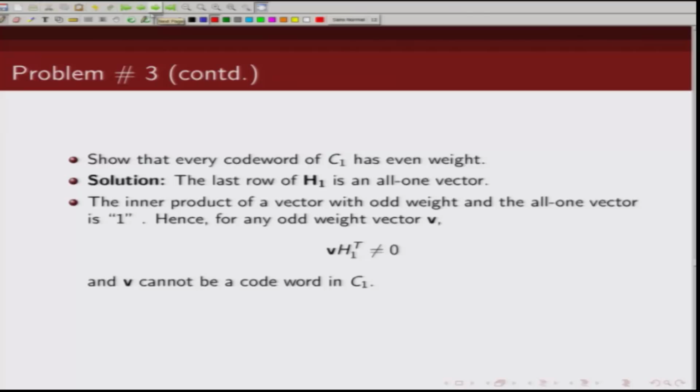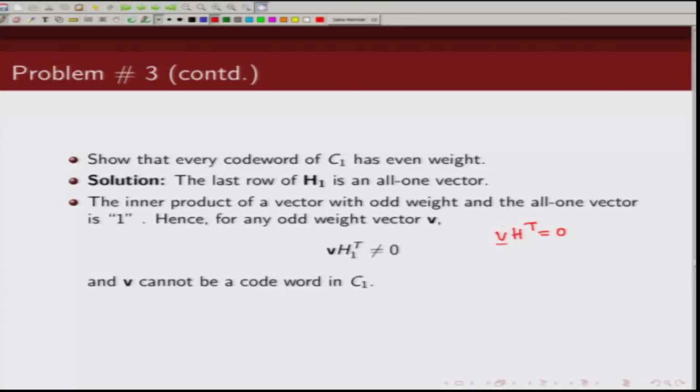Now, let us say there exists a code word with odd weight, which is described by this parity check matrix H1. Now, if we do V H transpose, we take the inner product of this code vector V with the last row of this parity check matrix. What will you get?